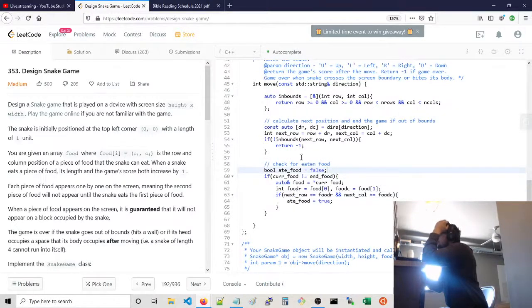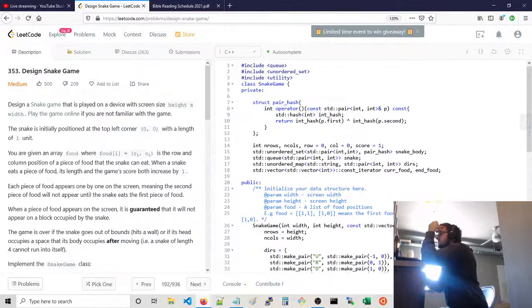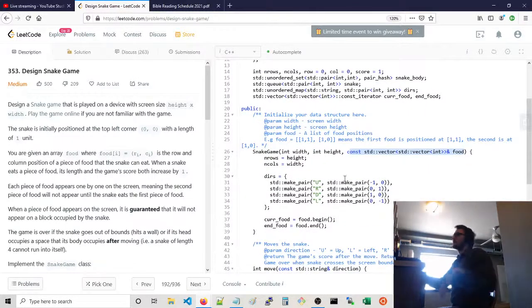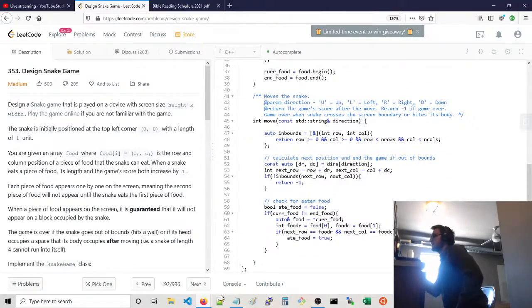And so we have ate food, current food not equal to end food, food R, food C, right, get that out of the vector. I was thinking we could dump all of the vectors for the food into a vector of pairs, but there's no real reason to do that.